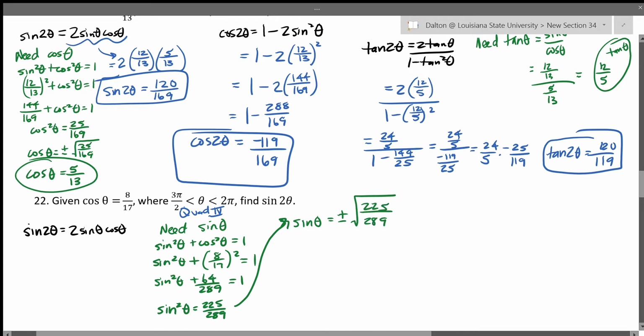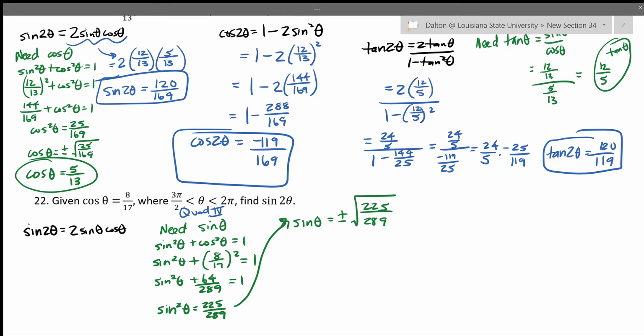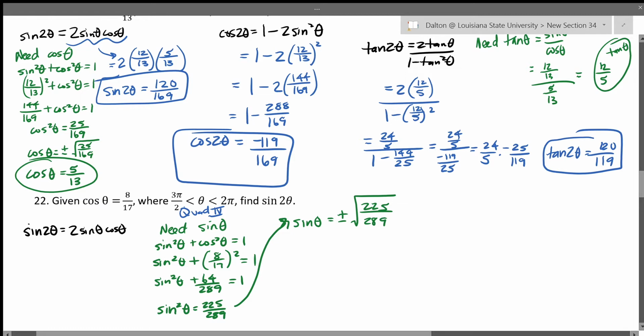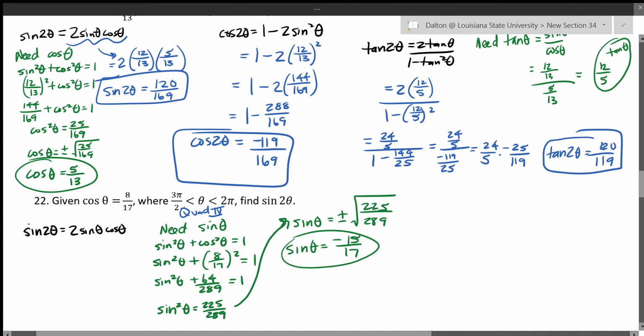Now, I'm in quadrant 4. In quadrant 4, sine, which is the y value, is negative. So that's why I know I'm going to choose sine theta to be negative, and actually take the square root, 15 over 17. So I found sine theta. Then if we go back to our identity and plug in our values, sine of 2 theta is going to equal 2 sine theta cosine theta.